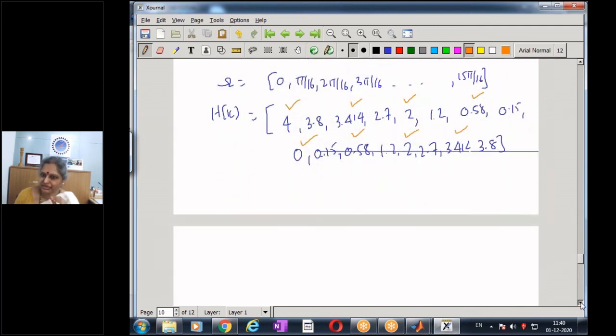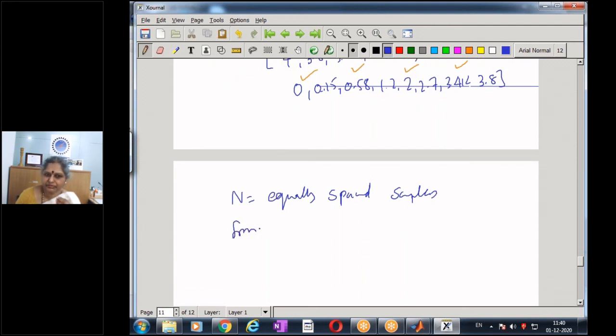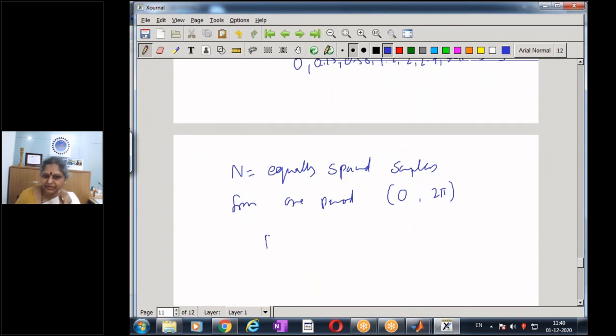So now, taking n equally spaced samples from one period in the interval 0 to 2 pi, of course excluding 2 pi, is known as the discrete Fourier transform.